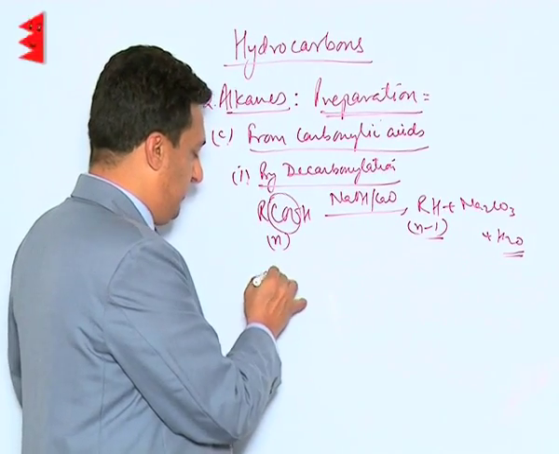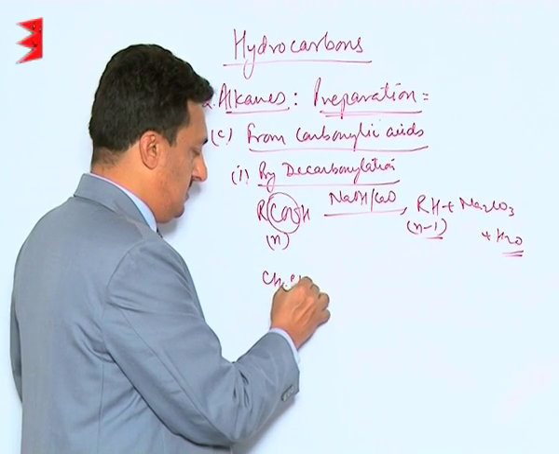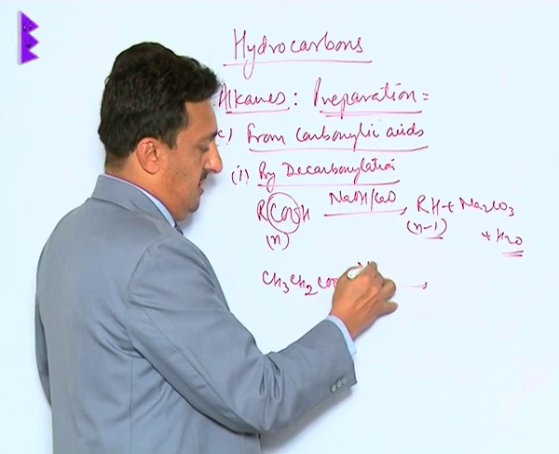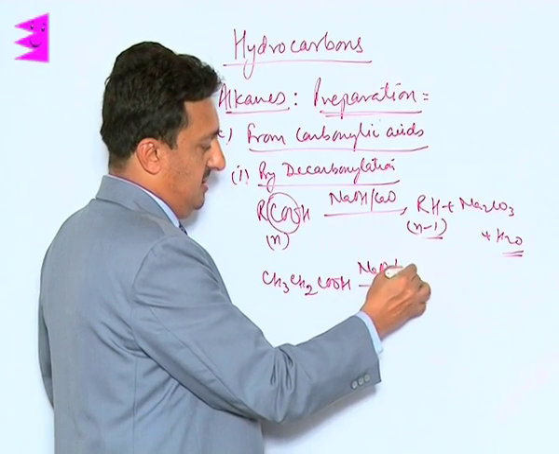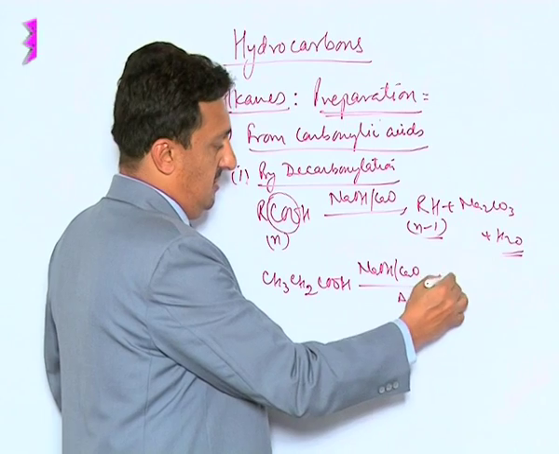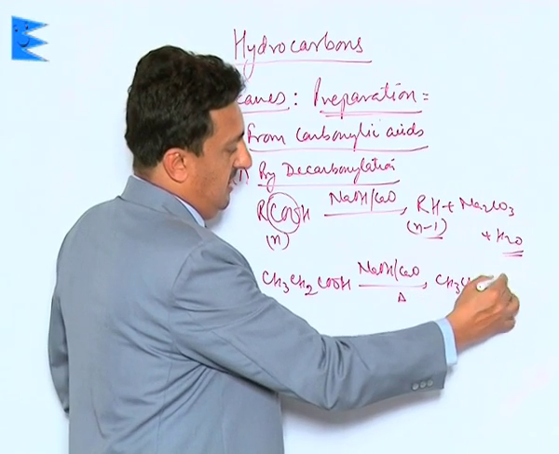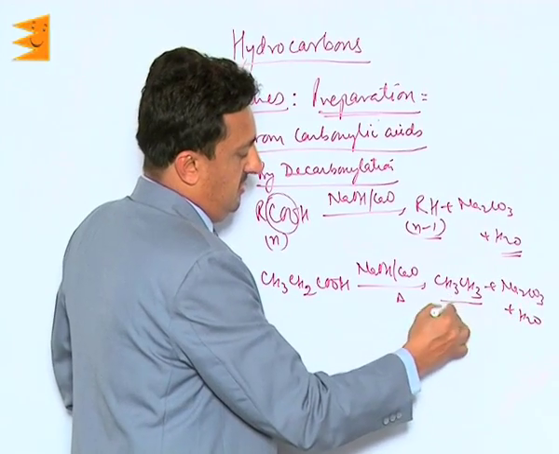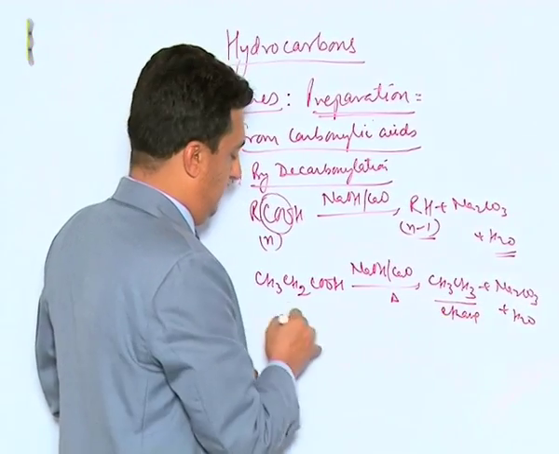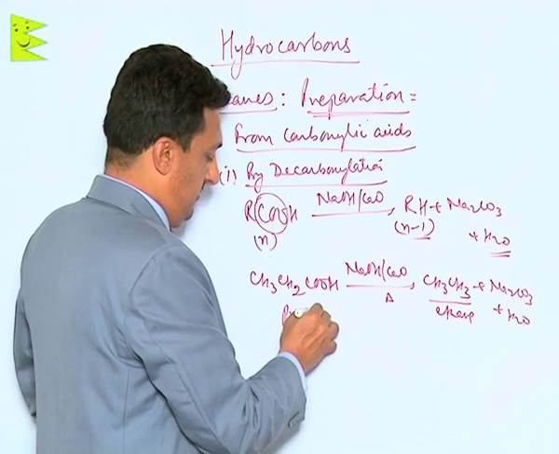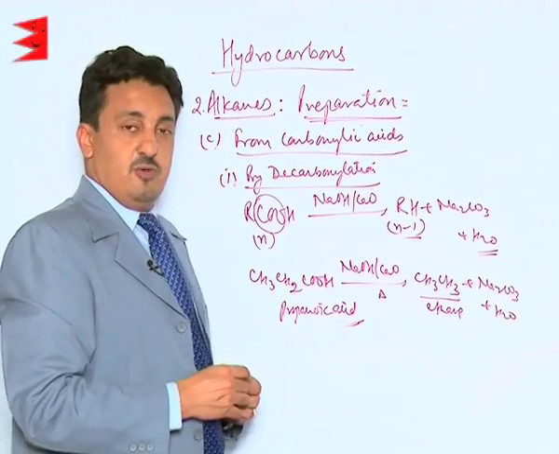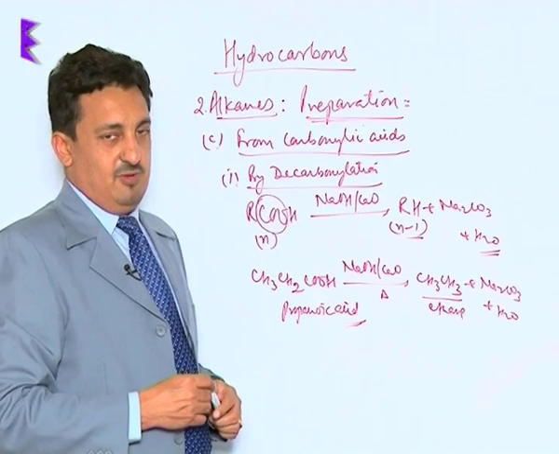So if we have, suppose, propanoic acid and we take sodium hydroxide, calcium oxide, and heat it, what we get is ethane, sodium carbonate plus water. So we get ethane from propanoic acid. This is one of the most interesting methods of a step down process.